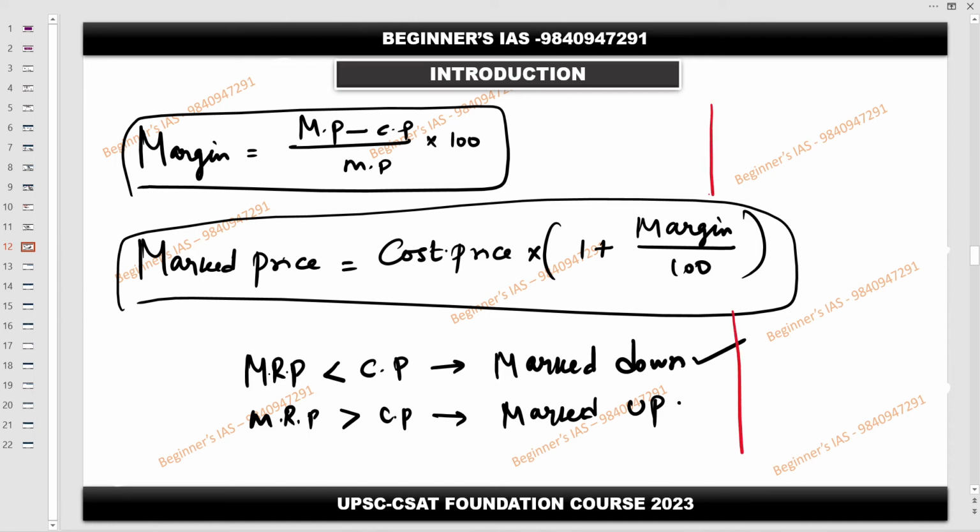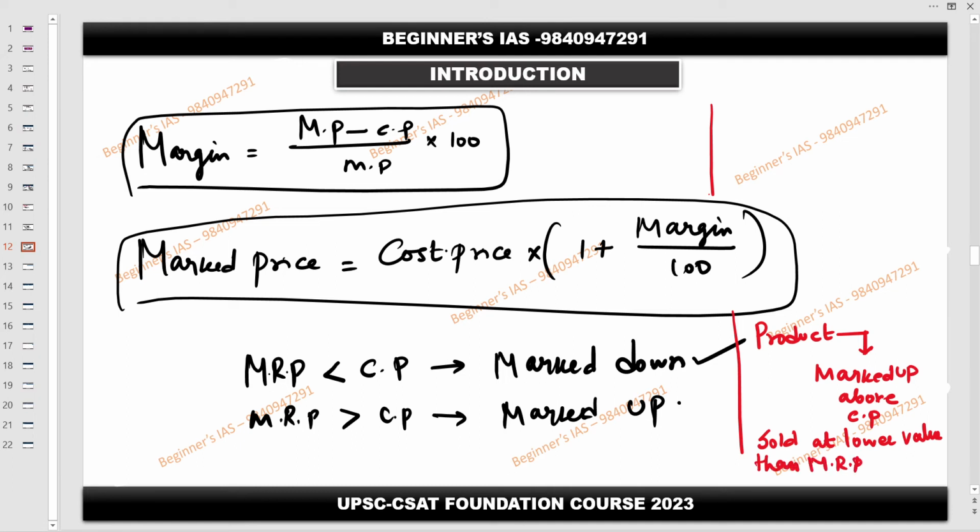Suppose when the same product has been marked up above the CP, listen, above the CP, then sold at a lower value than MRP, then you call that as a discount.